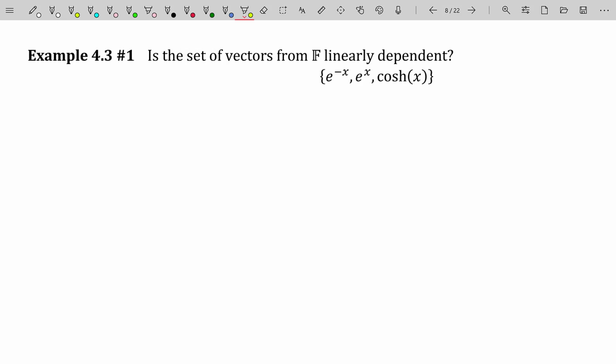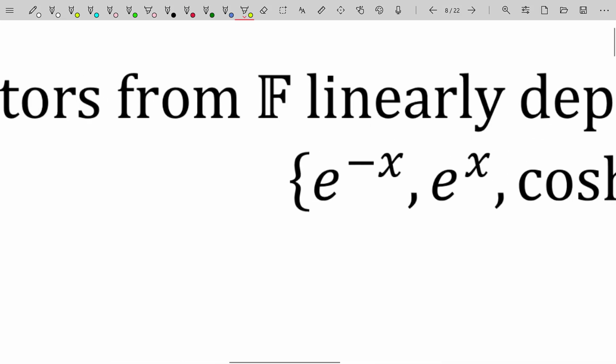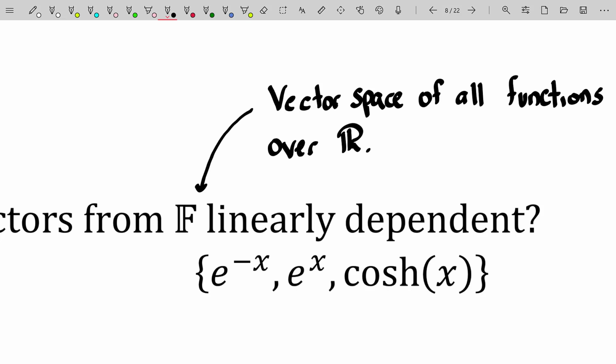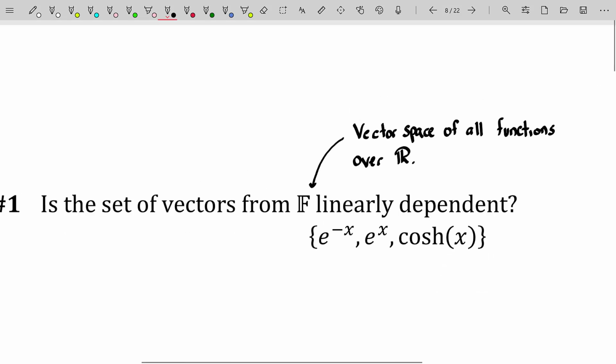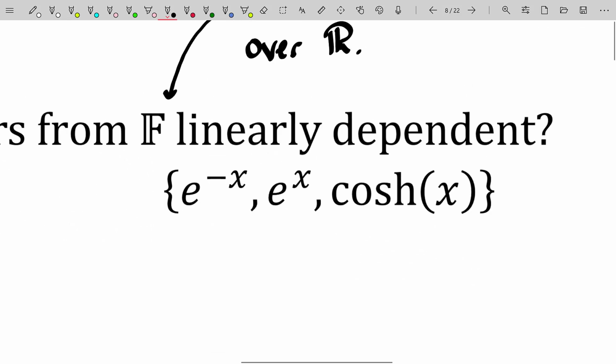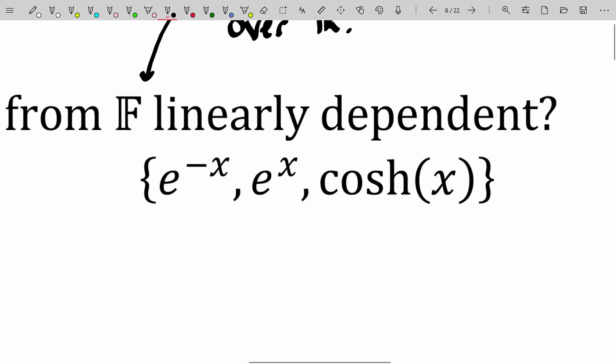Is the set of vectors from the vector space F linearly dependent? Remember, the vector space F is the vector space consisting of all functions. And I went ahead and tacked on that it's all functions over the field of the real numbers. That is, they're real valued functions. They could have coefficients of real numbers and arguments of real numbers. So again, is the following set of vectors, which are picked from that vector space, linearly dependent?